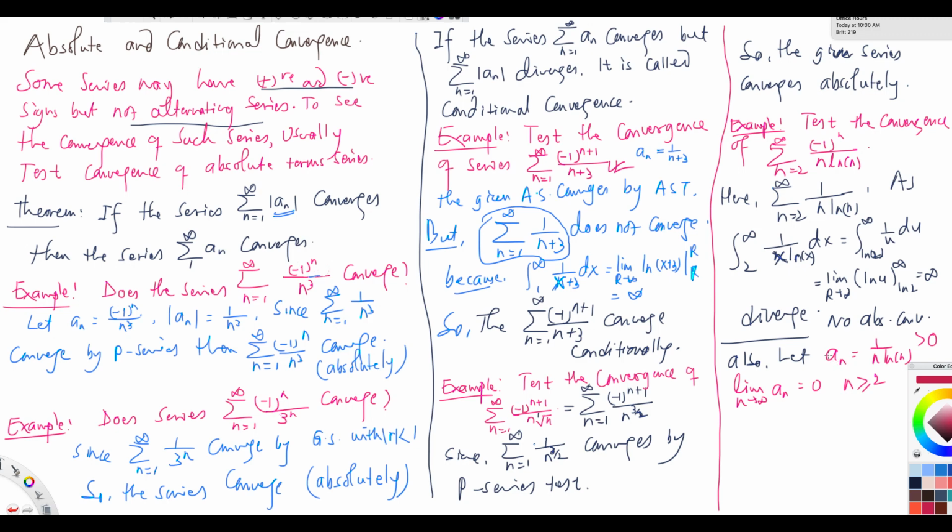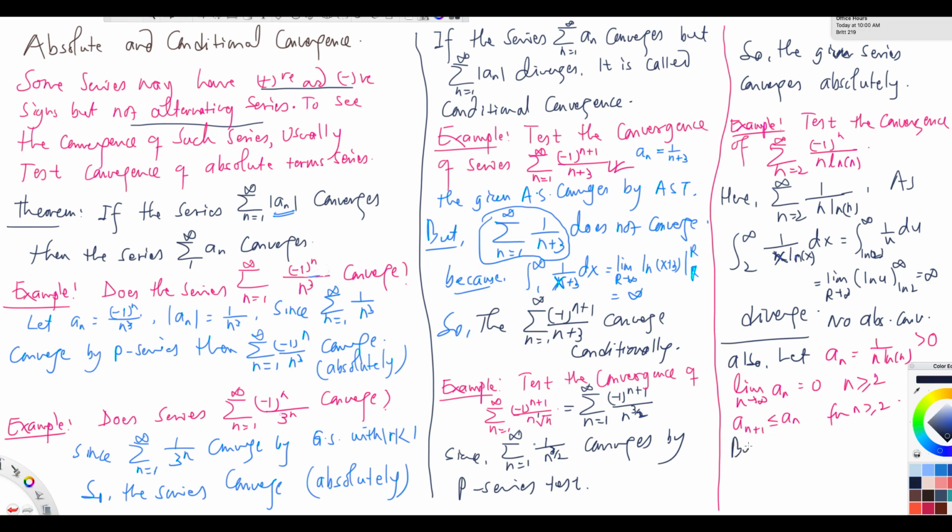Also, if you find the derivative, you will get negative, so it is decreasing. a_(n+1) is less than or equal to a_n for n greater than or equal to 2. That means the series converges by the alternating series test.